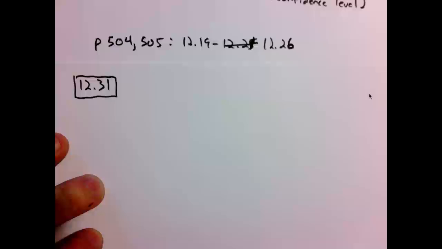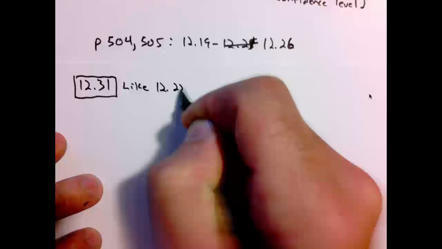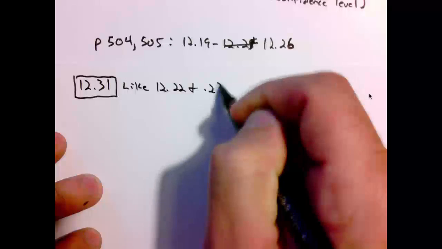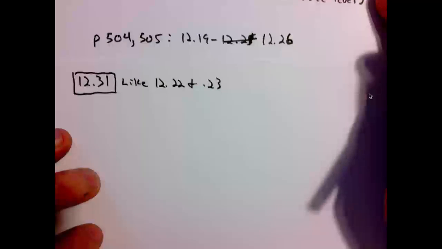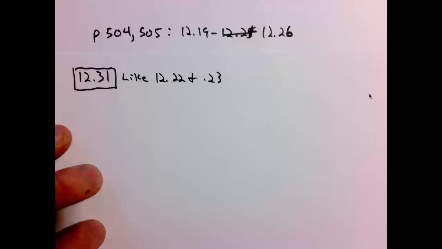I'm doing 12.31. This is not from our assignment, but this will be very similar to 12.23 and 12.22. This is going to be the actual constructing of the confidence interval, so the main focus of this assignment.